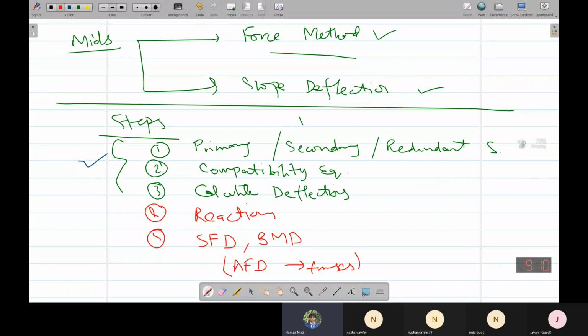First 3 are new ones that are exclusive to force method. The rest 2 we did in mechanics of materials. Same, we calculate the directions and draw the shear force diagram and bending moment diagram. So steps are clear. First we draw the structures, then we write the compatibility equations, then we calculate deflections. All right.